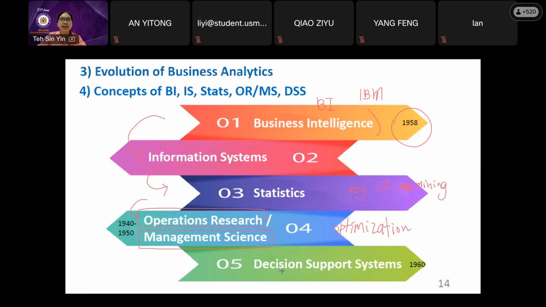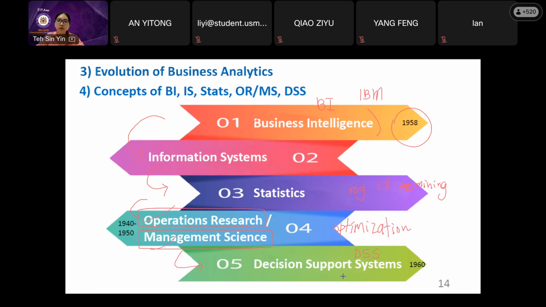And then, in quite recent years, when we combine business intelligence and OR or MS, it becomes decision support systems, or DSS. In the industry, you always see the short form DSS.